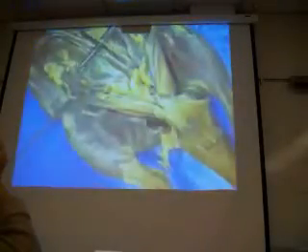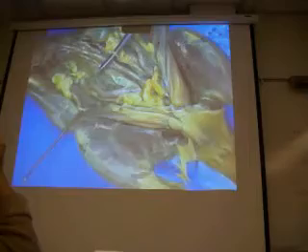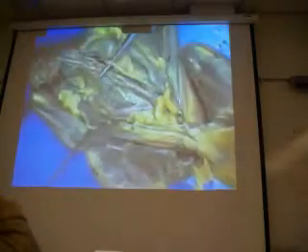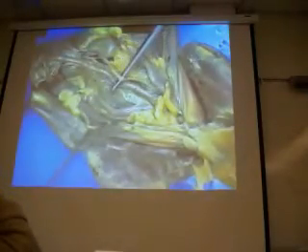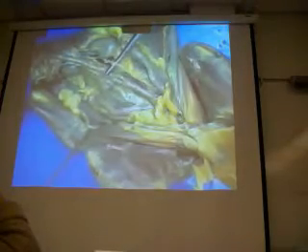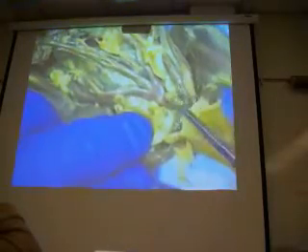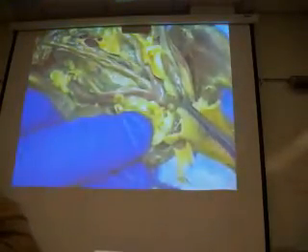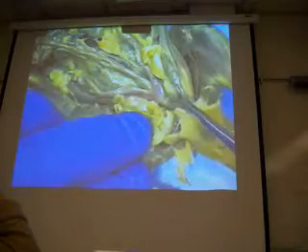See this thin structure that's going over the probe? That's the ureter. So this is going to take urine from the kidneys down towards the bladder. And the bladder is right here. Here's the bladder.